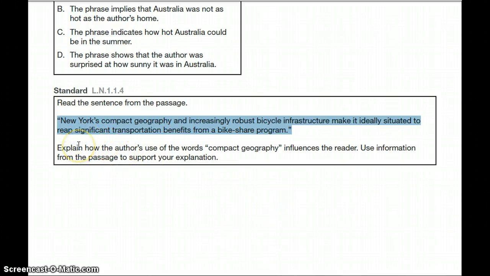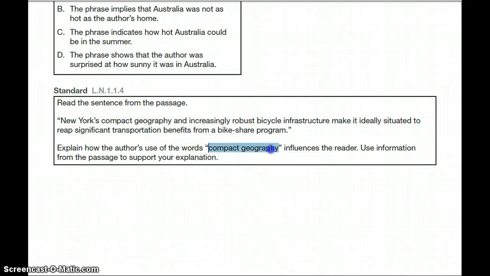And so your constructed response might ask you to explain how the author's use of the words compact geography influences the reader. What about those words are important in helping to achieve the purpose, using information from the passage to support your explanation? This is a type of question that you might see related to this skill.